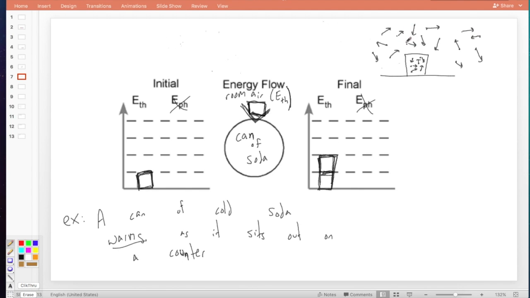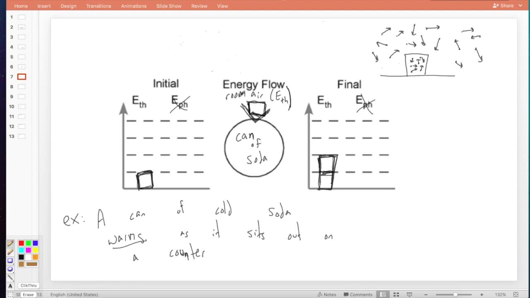The air temperature goes down as energy flows from the air into the can of soda, once again due to the collisions of particles, the transfer of kinetic energy. But because there's so much room air, so many air particles, it doesn't happen a lot. The temperature of the air does not change to any significant extent. But that's not even part of the question. The question was, I needed to model graphically using an energy bar chart how a can of cold soda warms up when it sits out on a counter.